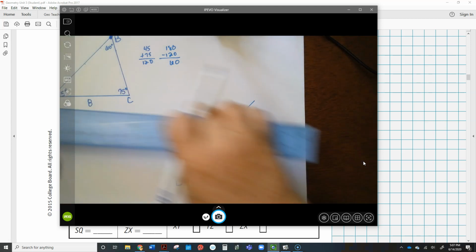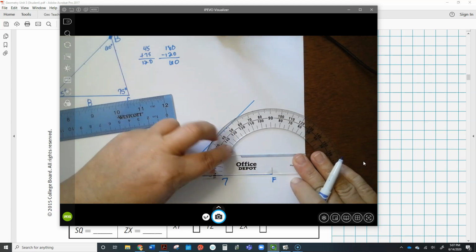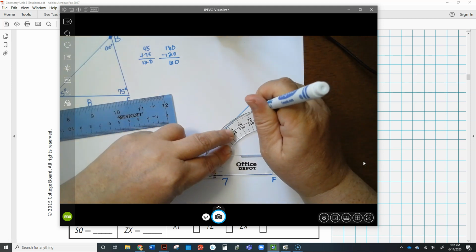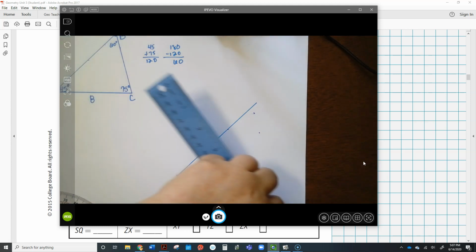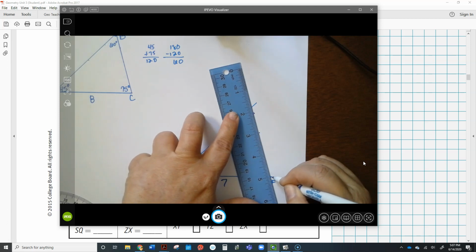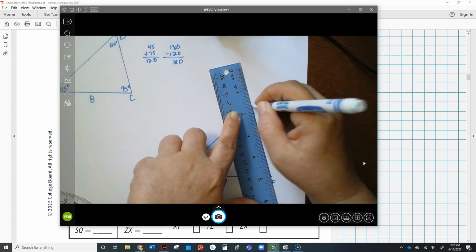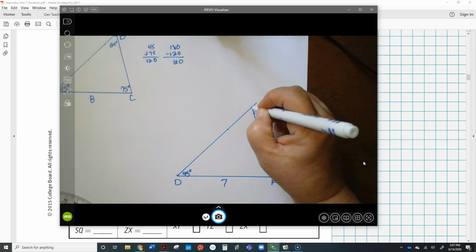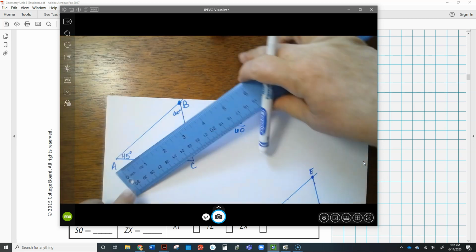And the next one's going to be 75 degrees. Okay, and then this is E. I'm going to measure everything like it told me to.